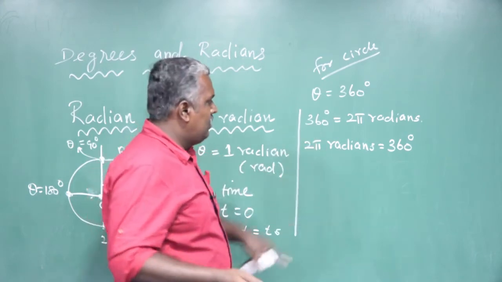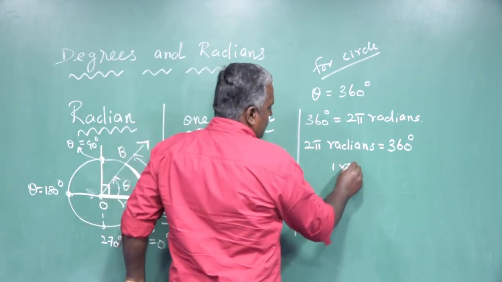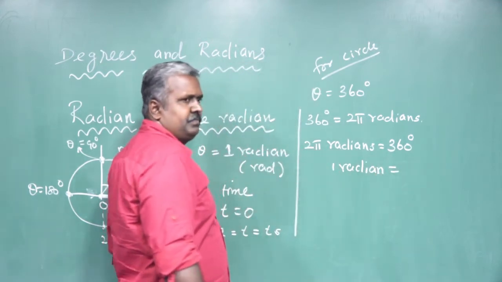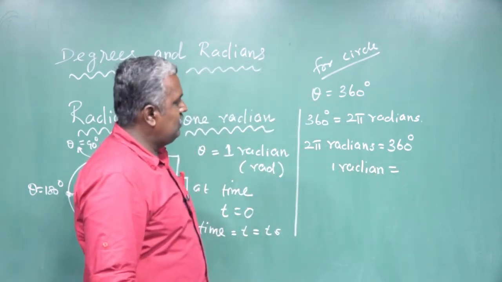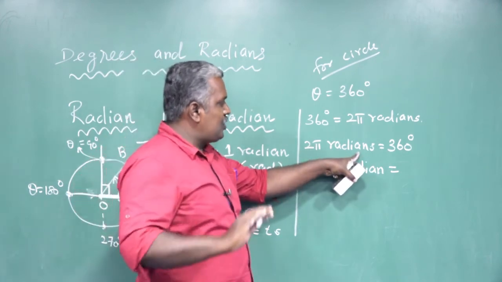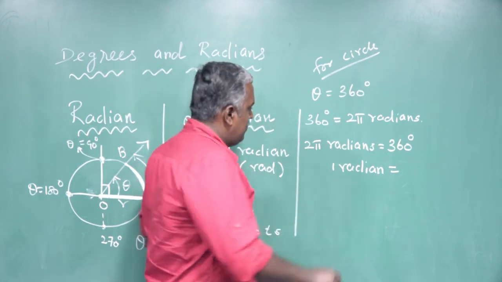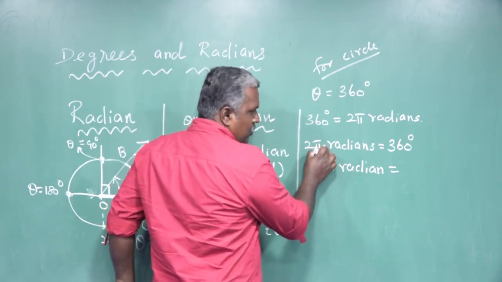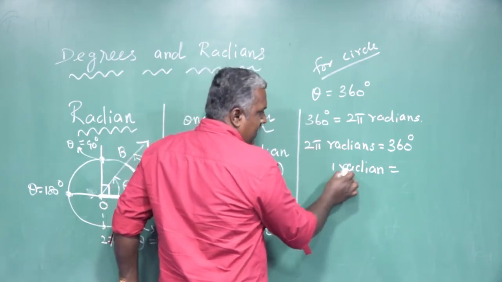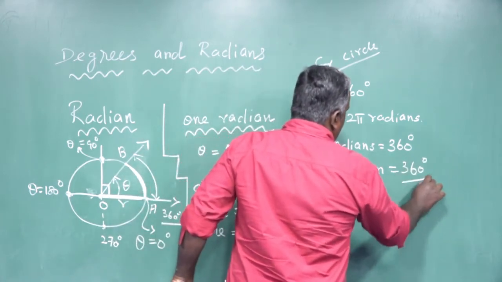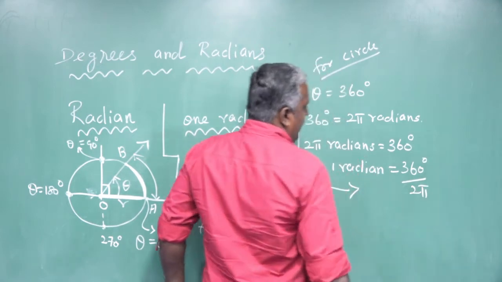Am I correct or not? Or 1 radian is equal to, how? This term we can split it as 2 pi into 1 radian. For 1 radian, it is 360 degree by 2 pi.